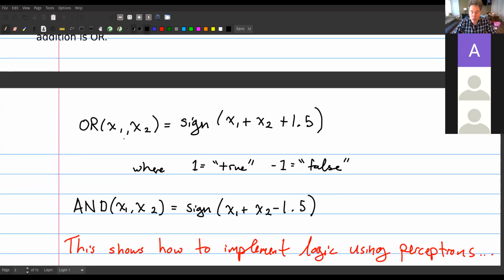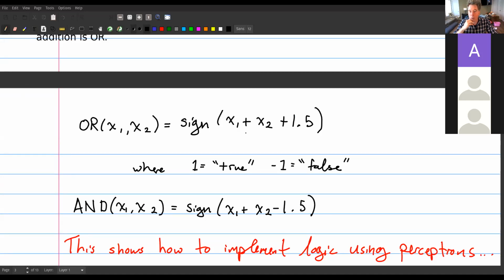Assume that x1 and x2 are either plus or minus 1, and then consider the sign of x1 plus x2 plus 1.5. The sign is going to output either plus 1 or minus 1. Plus 1 is going to be true, and minus 1 is going to be false. So it adds this 1.5 here.